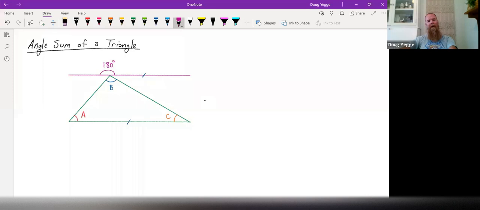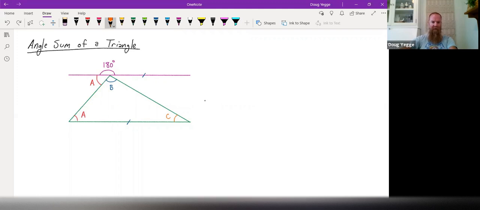We should also recognize something important about A. A is going to be congruent to this angle right up here. And if you don't remember why, it's because they are on the interior of the parallel lines cut by this transversal. Those are alternate interior angles.